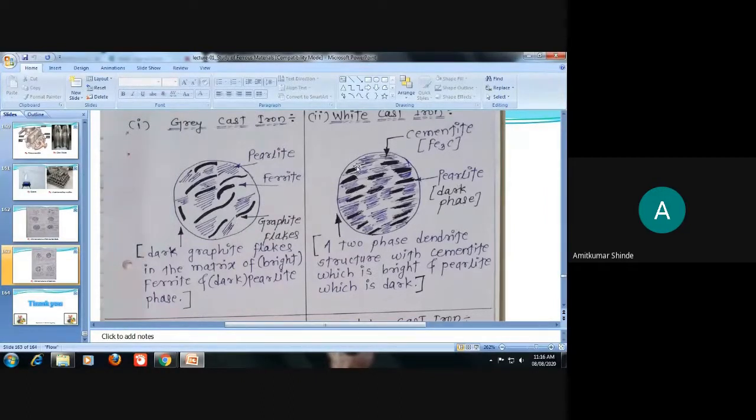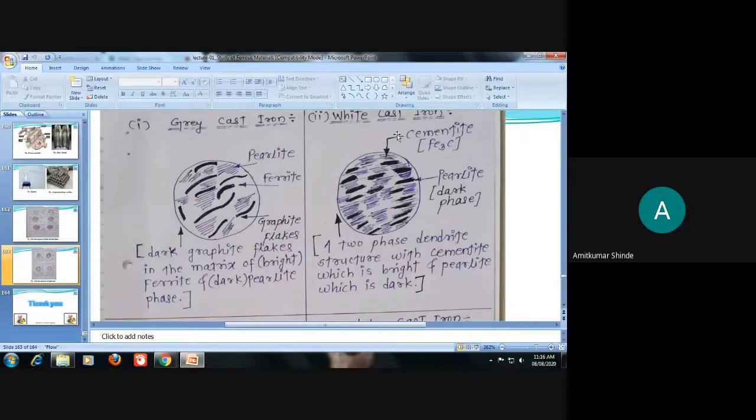Then this is the microstructure for white cast iron. Now here, in the white cast iron, two phases will be there, a dark phase and a bright phase. The bright phase will be cementite, and the dark phase will be pearlite.